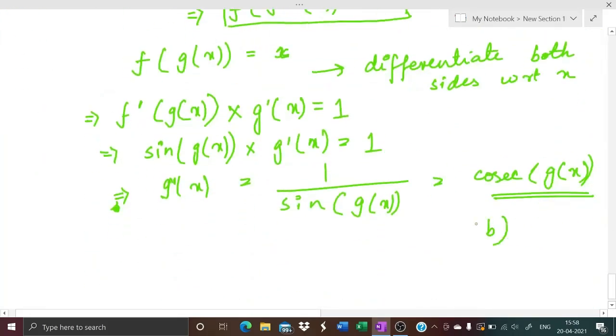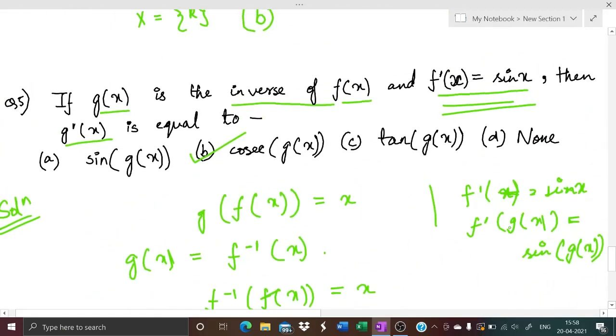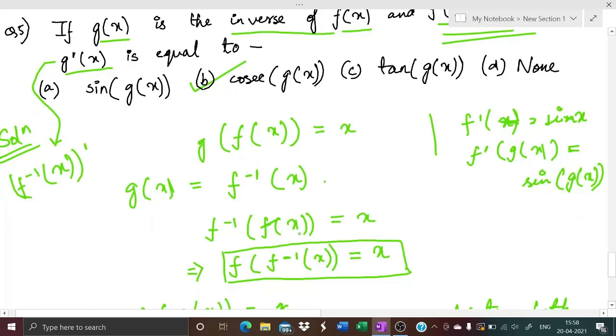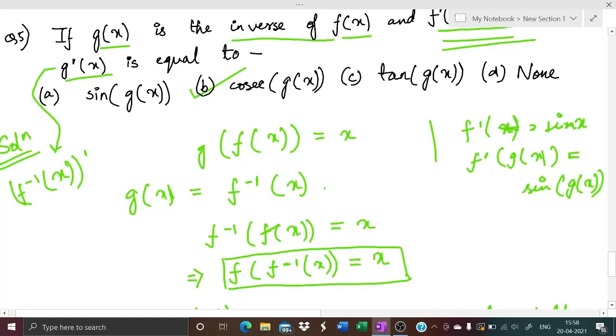So what is the basic idea? g dash x is basically the derivative of f inverse x. So whenever you have been given to find out the derivative of f inverse x, then you will use this equation, this one, star marked.